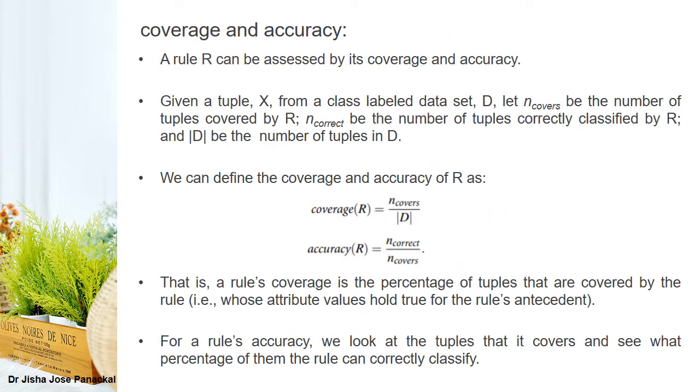Now we will discuss two measures, coverage and accuracy. These are used to assess a rule. A rule R can be assessed by its coverage and accuracy.